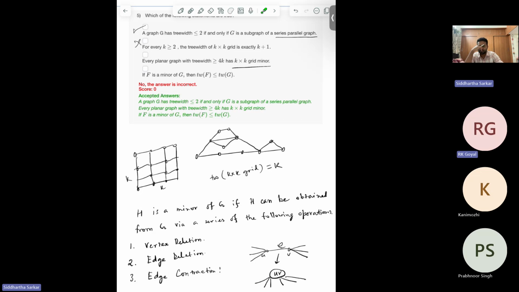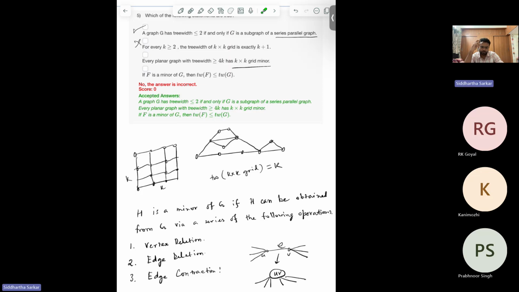If you do that operation, you will reduce the number of vertices by 1. You will also reduce the number of edges by 1.